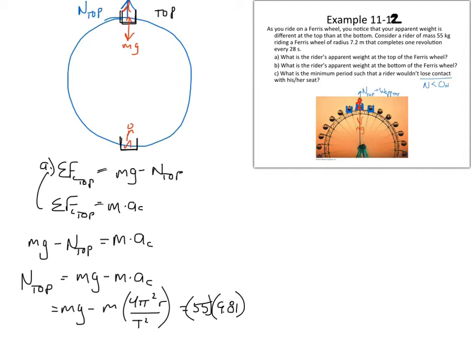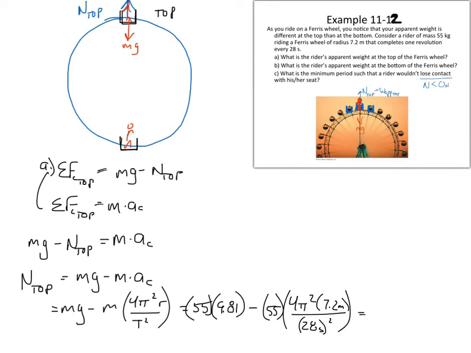Sorry, I'm leaving my units out. Minus 55, again, that mass out front right there, times the quantity 4 pi squared times the radius. What's the radius? 7.2 meters, right? All over our time period squared, 28 seconds squared.